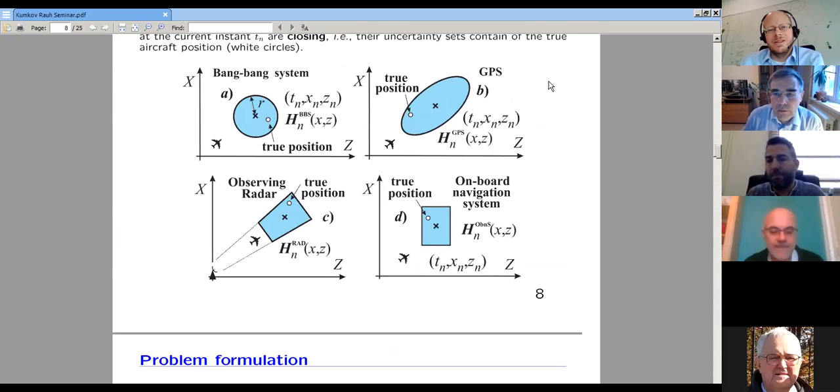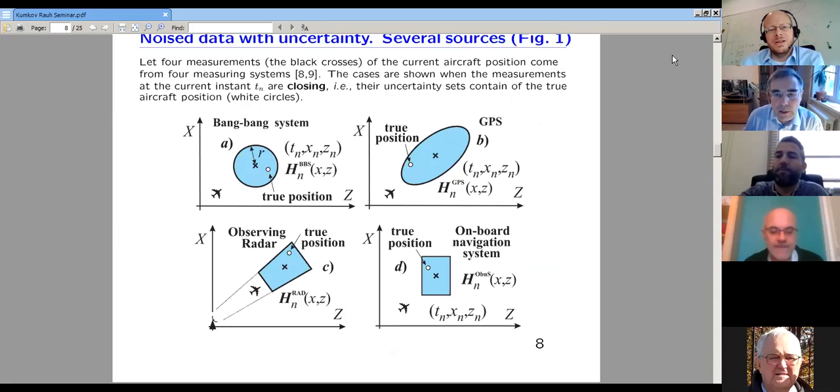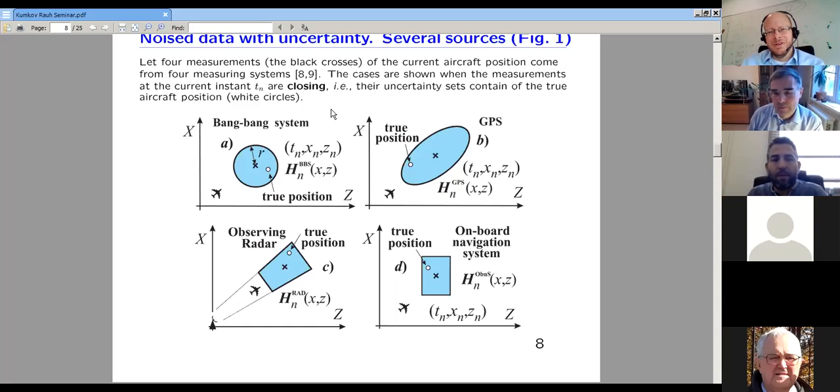The cases are shown where the measurement at the current instant are closing, that is, their uncertainty set contain the true aircraft position. This is exactly enclosing measurements or covering measurements, not closing. Reclosing, yes. Not reclosing. Sergey Ivanovich, I can provide you with a link to our joint paper. Look at it attentively. Carefully. Yes. Enclosing is a better term. Yes. Thanks for your remark.